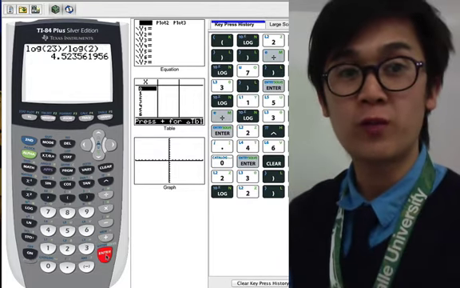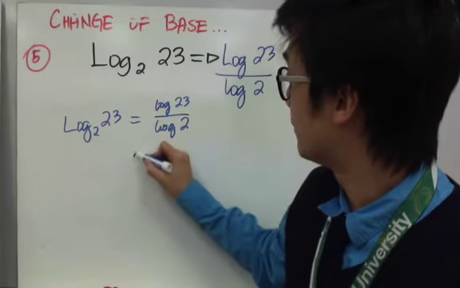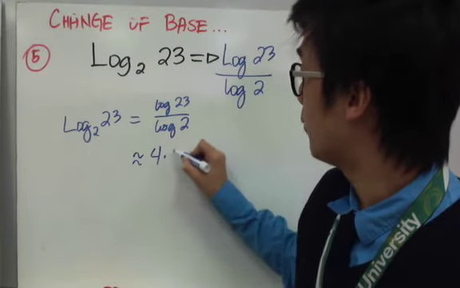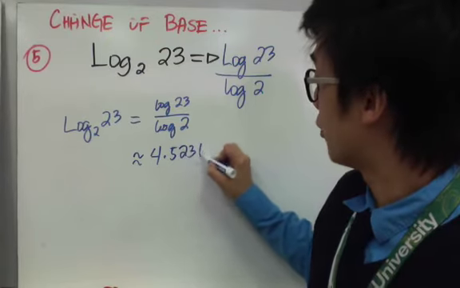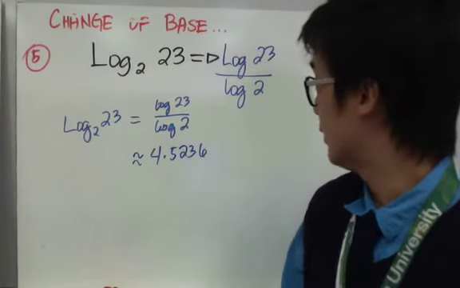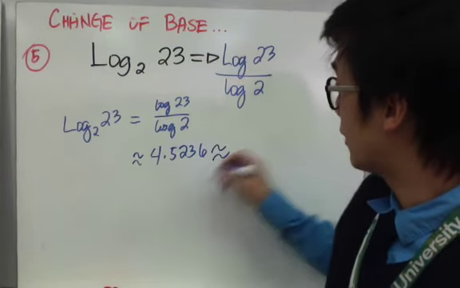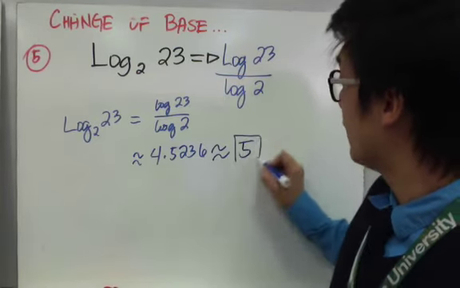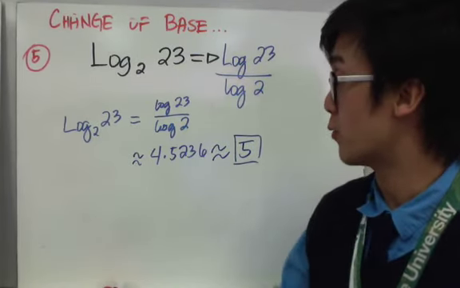Which gives us 4.5235, which rounded up is approximately equal to 5. Once again, we need this whole number as our new base to solve for the logarithm of 23.